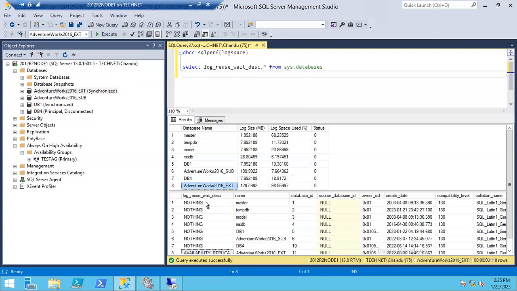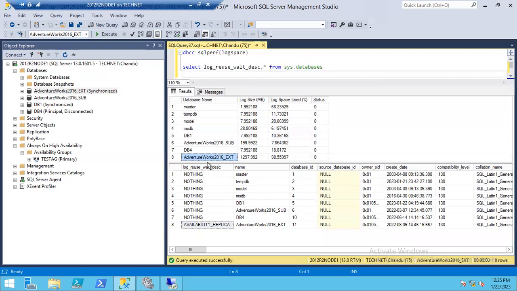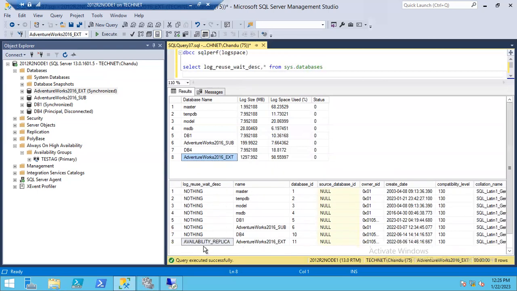Now, let's say it is not impacting your production, for whatever reason, you will have to fix that issue. Let's understand what it is waiting for, what exactly is going on at the secondary server.